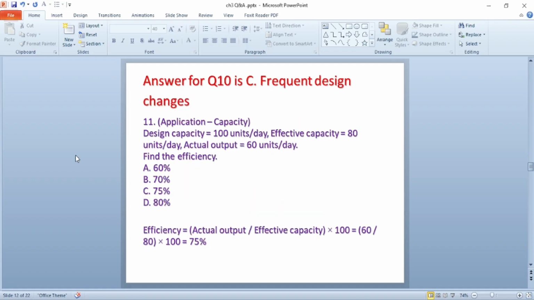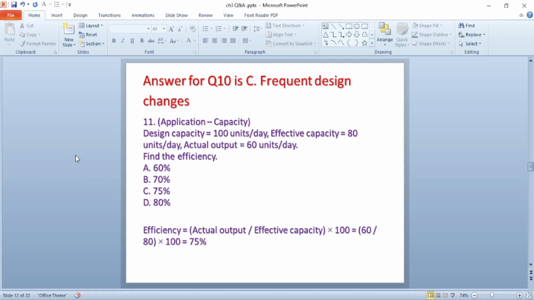Question number 11. Design capacity is equal to 100 units per day. Effective capacity is equal to 80 units per day. Actual output is equal to 60 units per day. Find the efficiency.